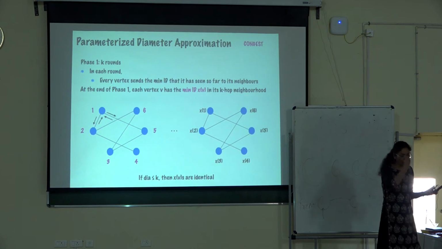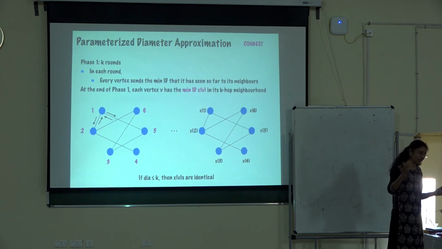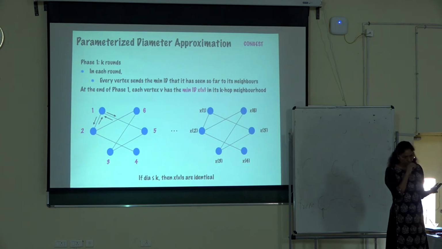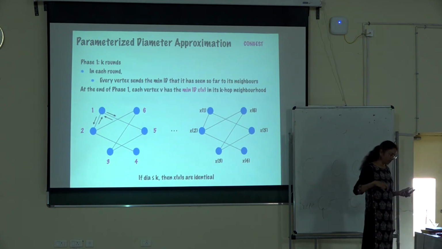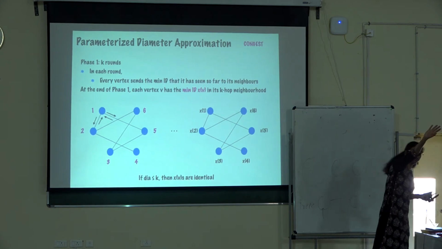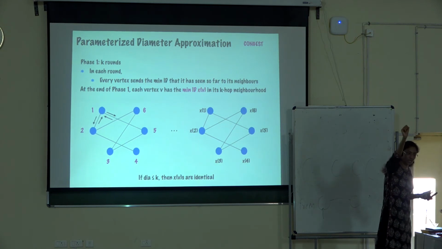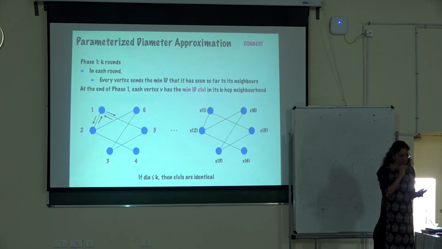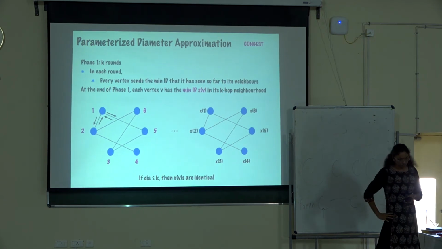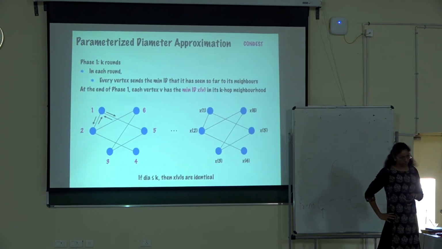But first of all, how do we know that the xv's are identical? In 2k rounds, everybody is talking each round. Let's say I have an xv, and there's a different xv very far off, not within 2k. So that means my ID, the common ID, has reached everyone.